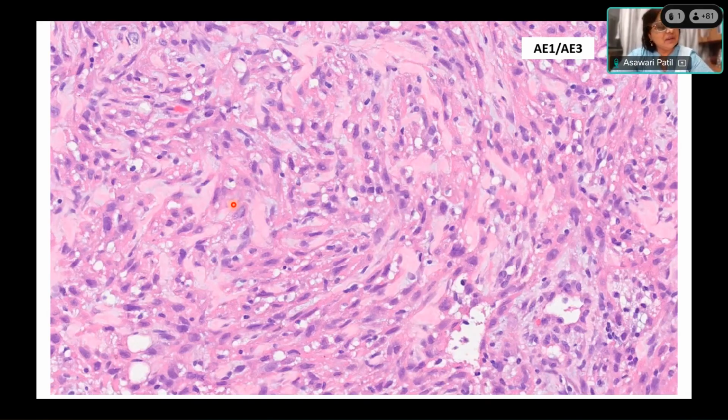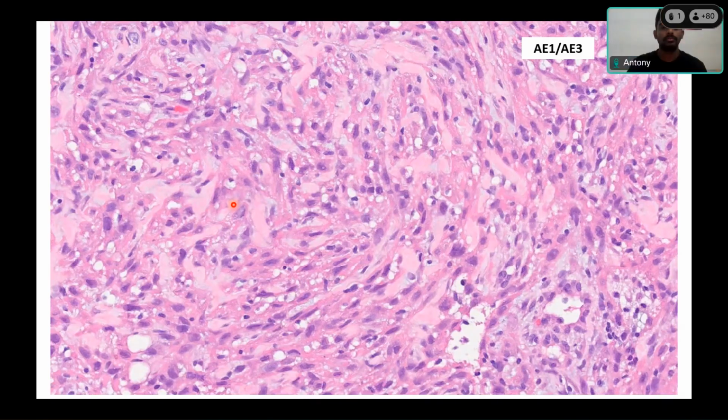We're talking about sarcomatoid carcinoma, phyllodes tumor, and sarcomas. Sarcomas are kind of rare. First, let's rule out sarcomatoid carcinoma. What IHC will you do for sarcomatoid carcinoma? A1, A3. So if A1, A3 is positive, what is it?